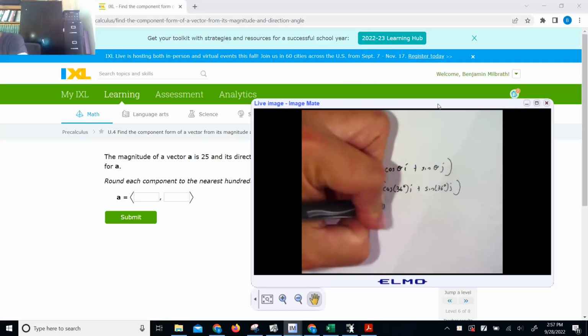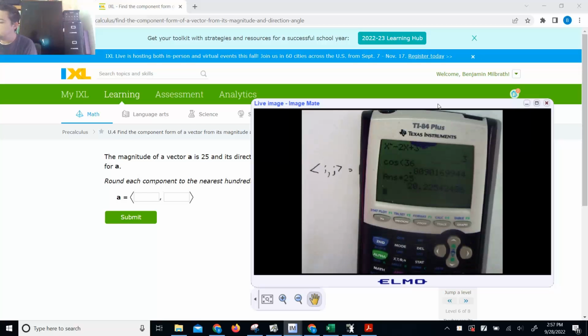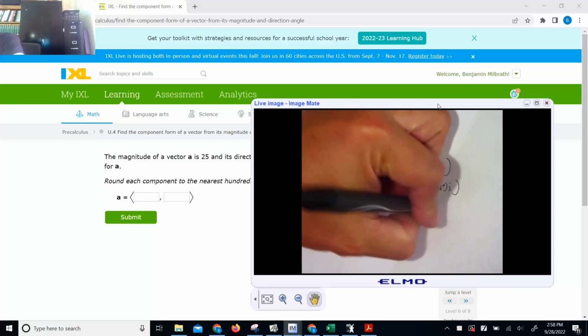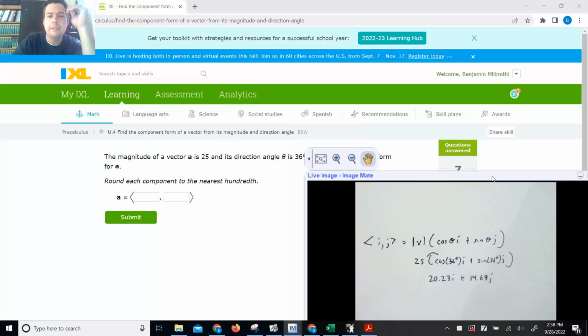I get 20.23 i here, plus, time for the j's, 25 sines of 36, 14.69 j. I don't like answers like that. I don't think anybody does. They did want hundredths, right?